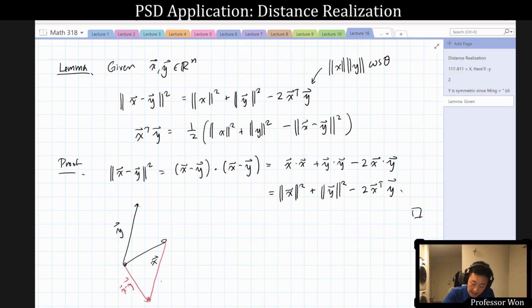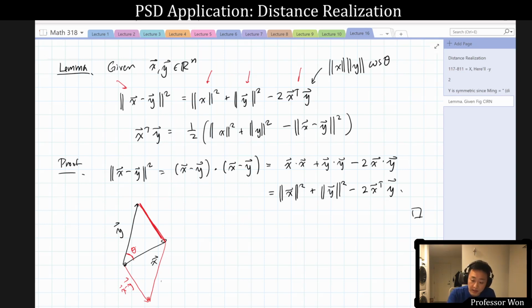But then you can just slide it here. It has the same length as this, which is the third side of the triangle. So this is the length of one side of the triangle, this is the length of the 2 other sides, and this thing is the cosine of the angle between these 2 sides, from which you recover the law of cosines. But it's just a fact about dot products. This is how I remember the law of cosines anyway.